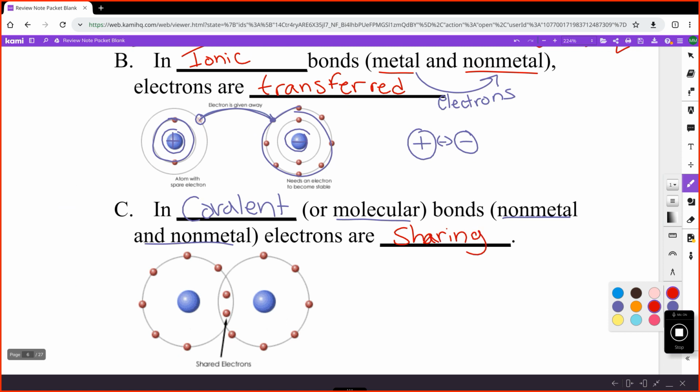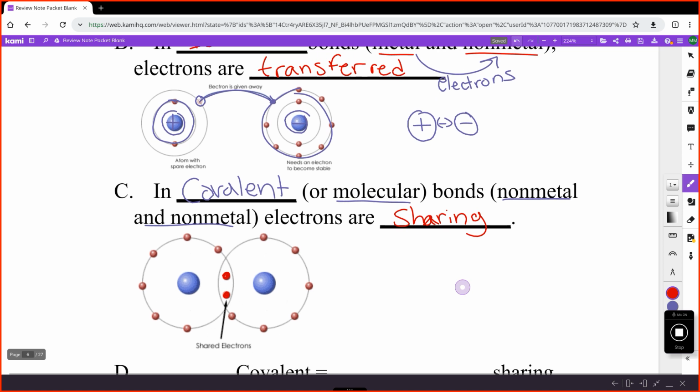Instead of each of these atoms donating or accepting an electron, these two atoms just use their extra electron to overlap and join together. But again, it always has to do with electrons being attracted.